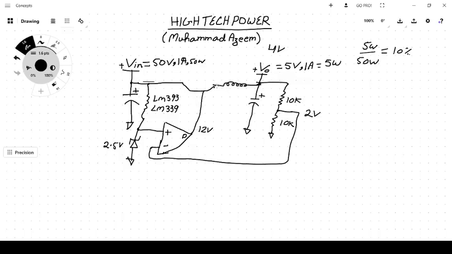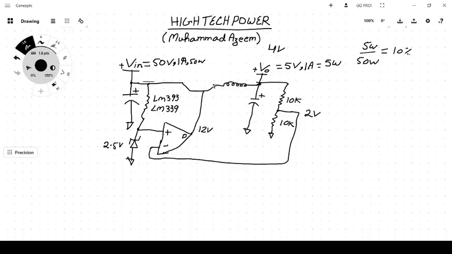By saying that current lags in the inductor, that means when we stop the input voltage, the current still passes through the inductor, saying I am lagging, so I have to pass through it, and I will flow until there is zero current through me.